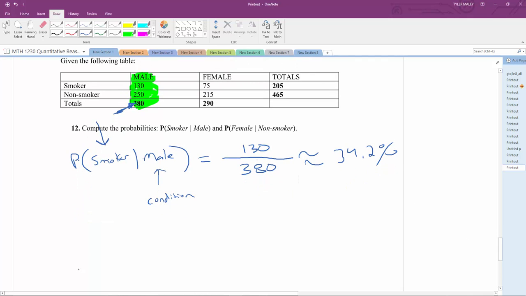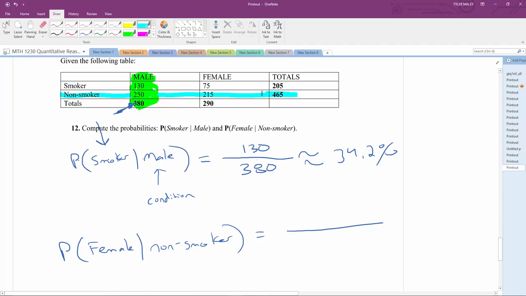So then lastly, we're asked to calculate what's the probability of a female given that we have a non-smoker, right? So I'll do this in blue, right? So we're given that we have a non-smoker, so I'm only worried about this row, right? This in blue.